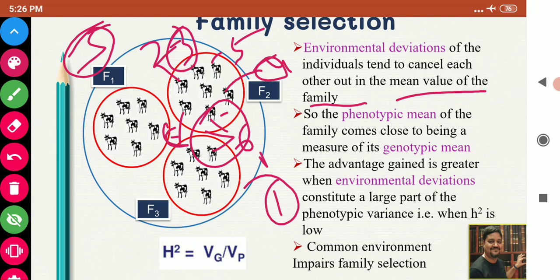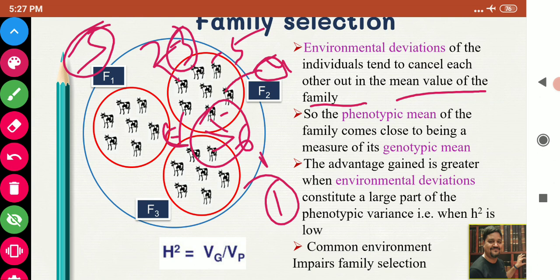So if the family is large, the mean phenotypic value will be equal to, or similar to, the mean genotypic value. So this environmental deviation will get cancelled out. So this is the importance here.